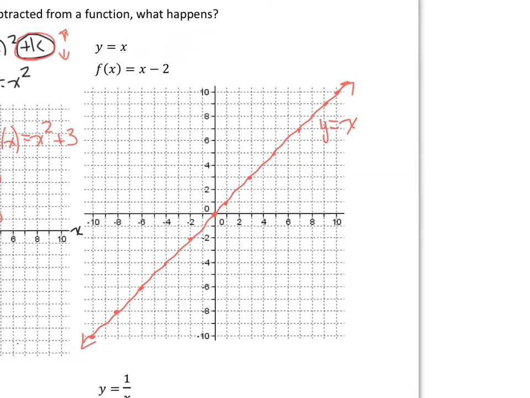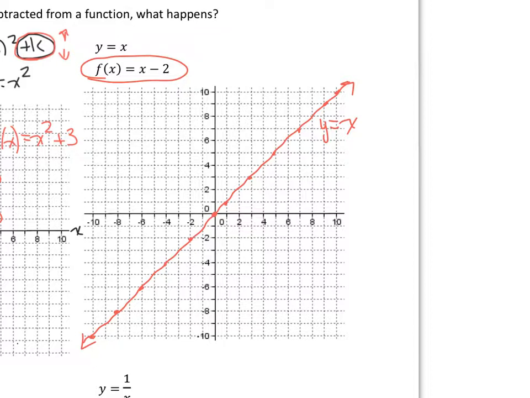Well, let's look at this graph. Our parent graph is y equals x, and we're looking to translate that. So now we have f of x equals x minus 2. If we don't even look at all this mapping notation, think about it. If I had an equation of a line that was y equals x minus 2, what do you know about it?